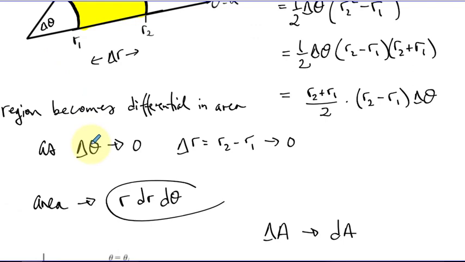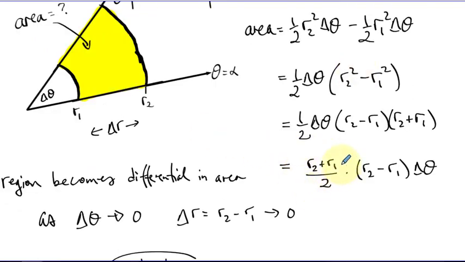And as that happens, you can interpret this as an average value of the two r's, right? It would be maybe right about there. If you take r1 and r2, add them together, divide by 2, you're getting a value that converges to a single number as the r1 and r2 get closer and closer to each other. So in the limit of smaller and smaller delta r's, r1 and r2 approach the same value.